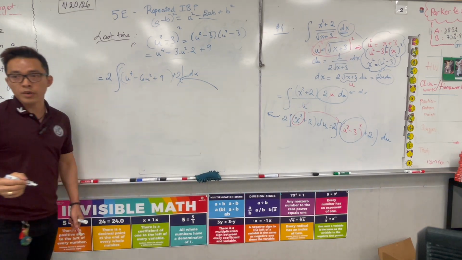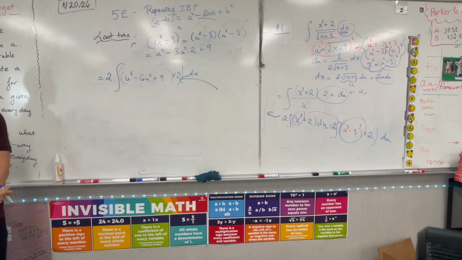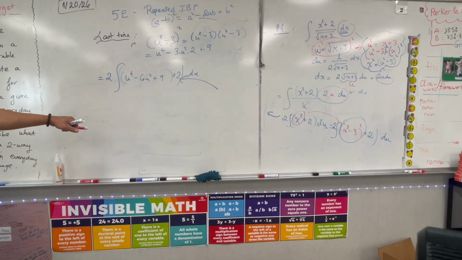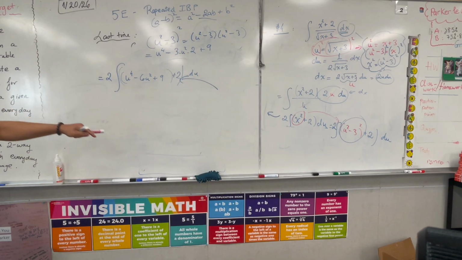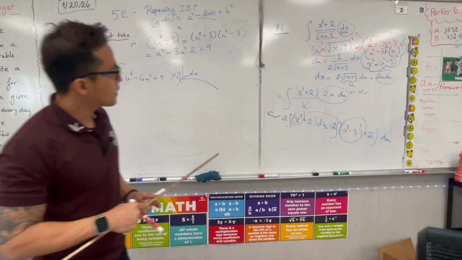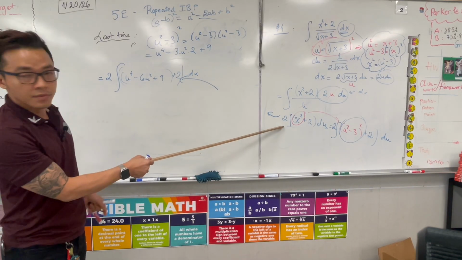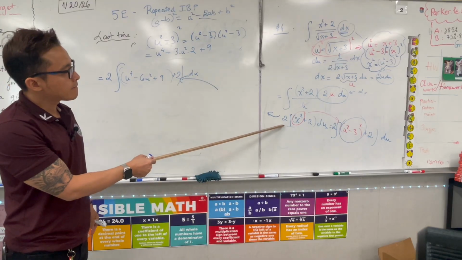du. Any questions so far? Yeah? I'm not losing anyone yet, right? Yeah, question. Ask me. How do you convert the 1 over 2 square root of x plus 3? Which one? This one?